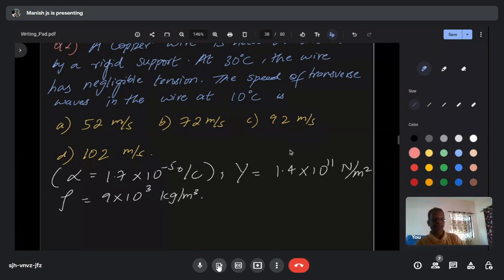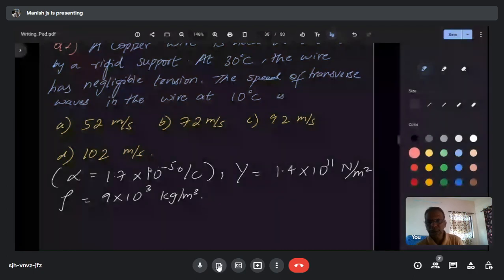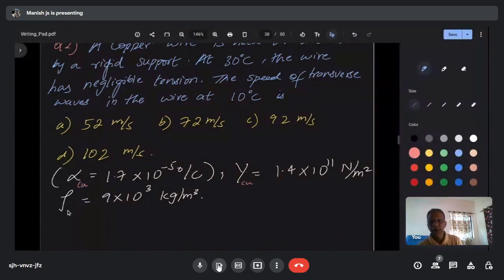These are all given for copper. So இதெல்லாம் கொடுத்துருக்காங்க கொஸ்டின்ல. This is a given data.